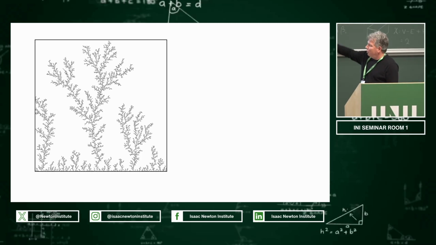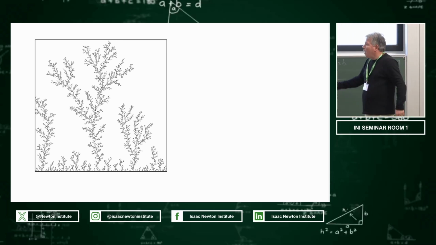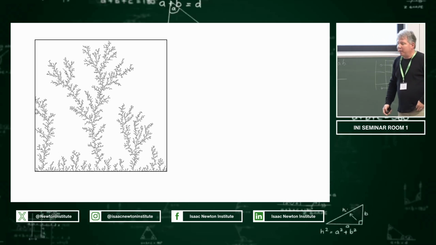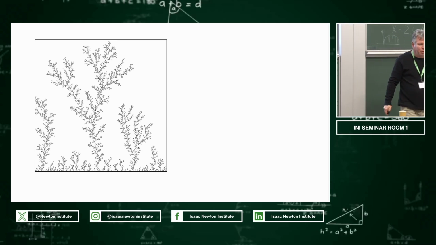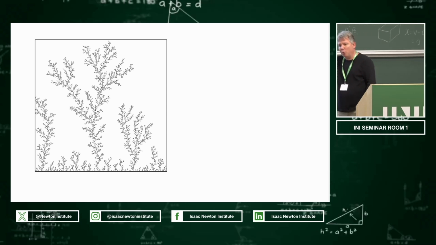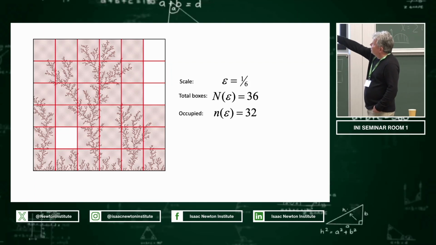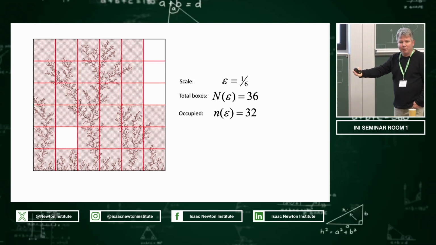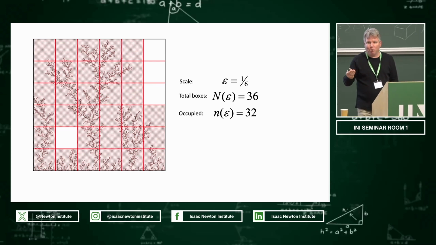So the idea is as follows, right? You have some structure that could be fractal or not, but we ideally hope it is. So what are we going to do? Well, here's the structure contained in a box. We're going to subdivide this box into smaller boxes of some scale 1 over n, whatever that is. And in this case, I've cut it into boxes of scale 1/6 the side length of the original, and I count the number of boxes that the pattern appears in.